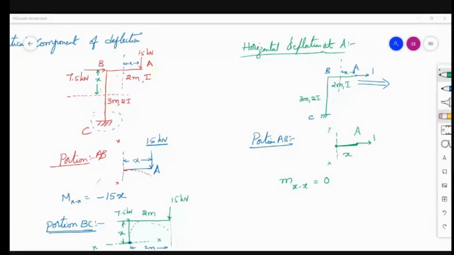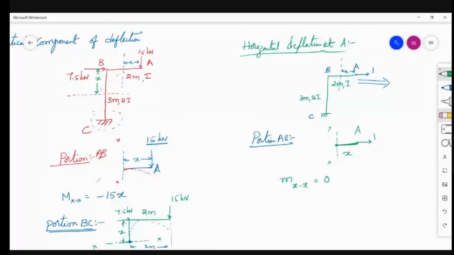That's why it is applied horizontally in the same direction. The force is passing through the point; we require force into distance, and distance is not available. Hence, the moment at XX is 0 due to the horizontal load.